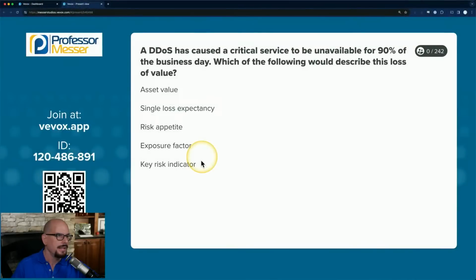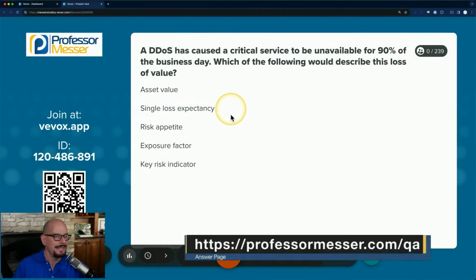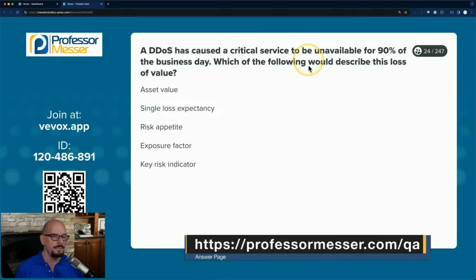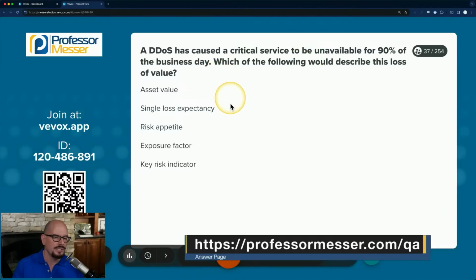Would that be asset value, single loss expectancy, risk appetite, exposure factor, or key risk indicator? Got a few choices there. A DDoS has caused a critical service to be unavailable for 90% of the business day. Which of the following would describe this loss of value? Is it asset value, single loss expectancy, risk appetite, exposure factor, or key risk indicator?